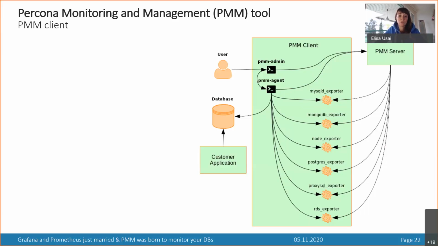We have the node exporter, which is installed directly when we install the client, and it exports all the metrics linked to the system. Then we have several other exporters that we can activate if we want, for example, to monitor a MySQL instance, a MongoDB instance, a Postgres instance.